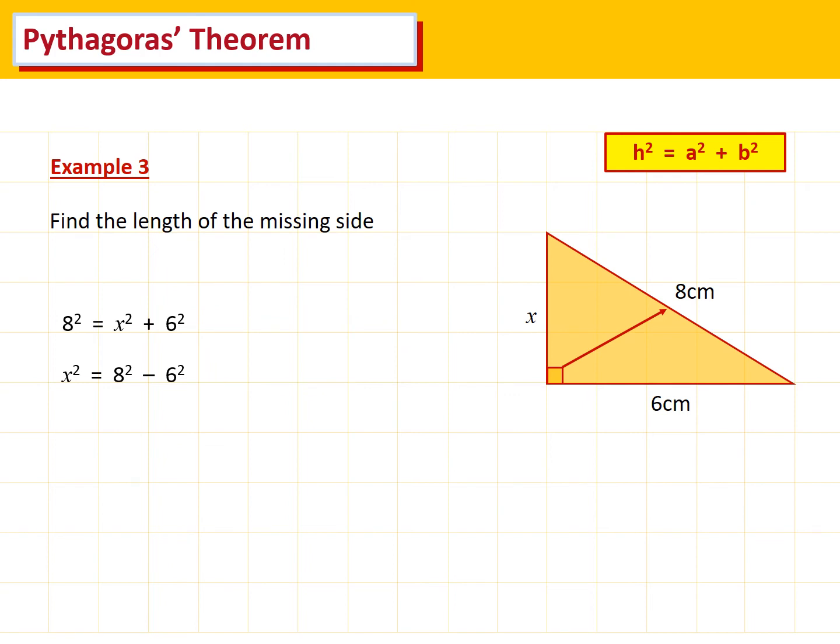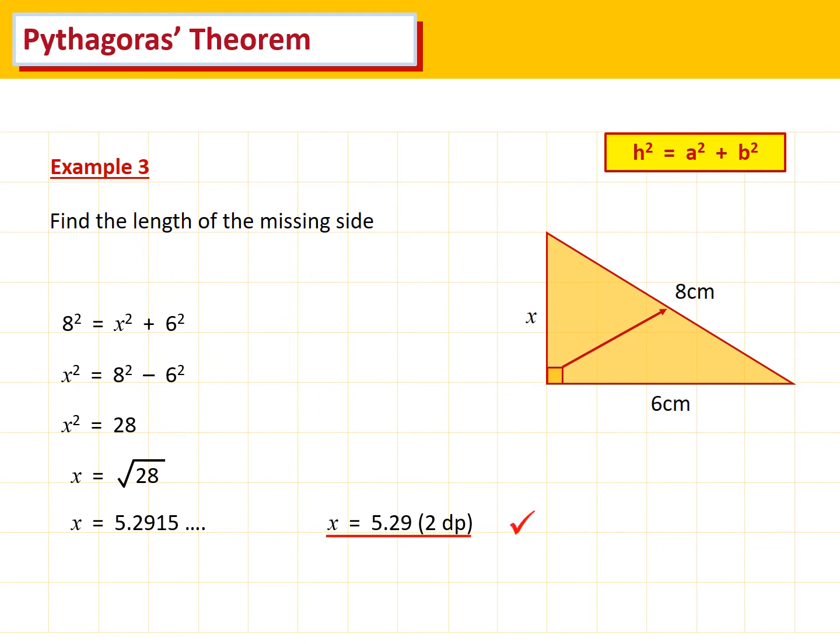Therefore, in order to find x squared, we subtract 6 squared from both sides. So x squared is 8 squared minus 6 squared. That works out to be 28. We get on our calculators, find the square root of 28, and then we round off.